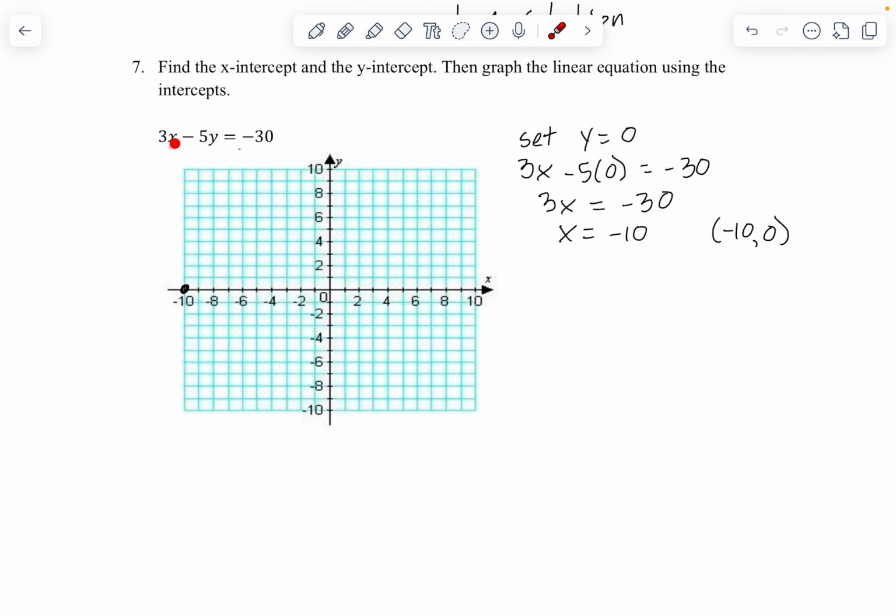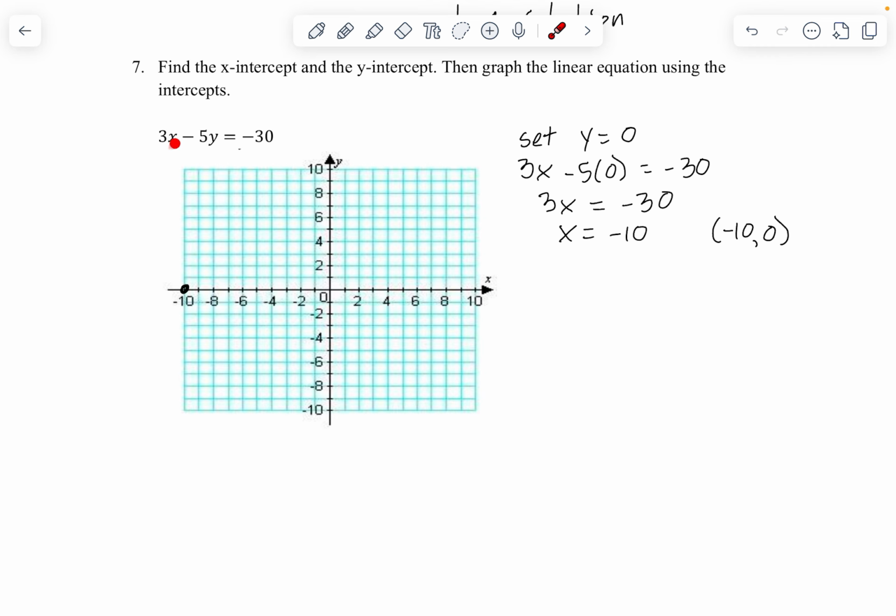So 3 times 0 minus 5y equals negative 30. 3 times 0 is 0, so this is negative 5y equals negative 30. And divide both sides by negative 5 gives me y equals 6, or (0, 6), which is right here.